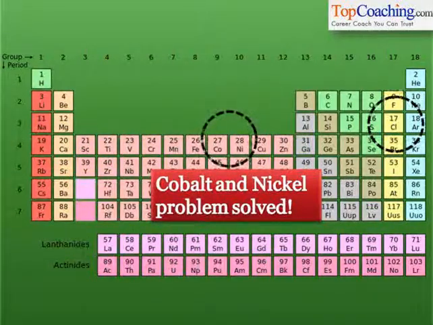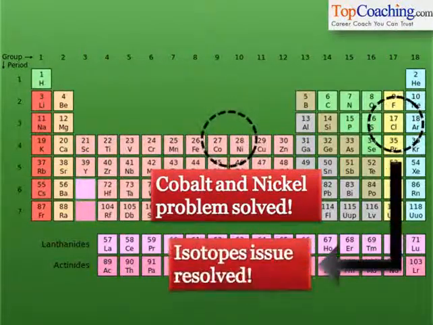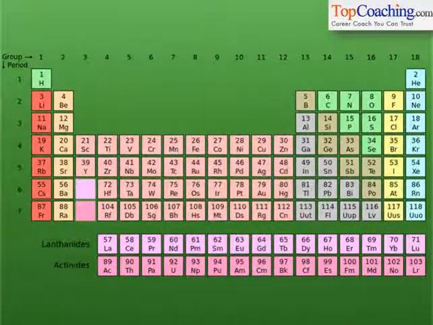Every element can have only one atomic number, though it can have different atomic weights depending on isotopes. So there you go. The problem of isotopes was also resolved, because since we are arranging in order of atomic number, one element will have only one atomic number. So therefore, Moseley's periodic table solved many of the problems which were there in Mendeleev's periodic table.